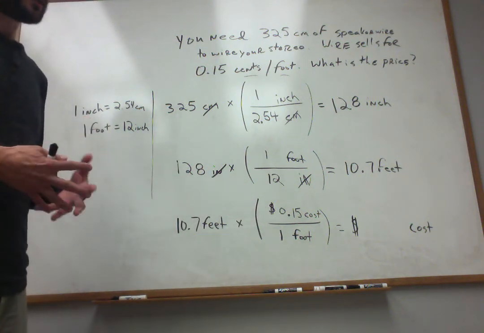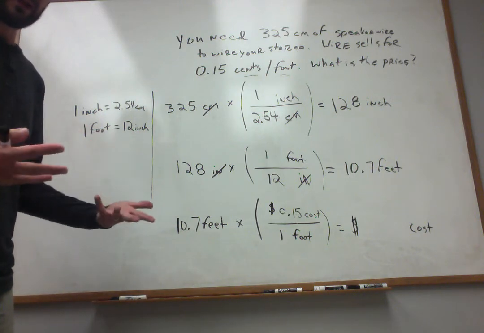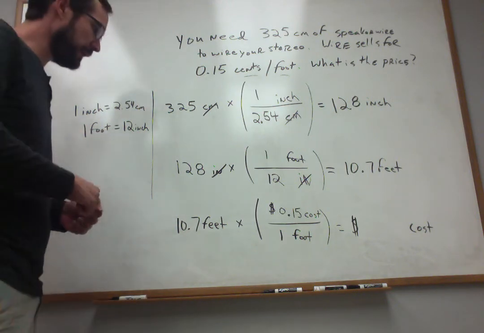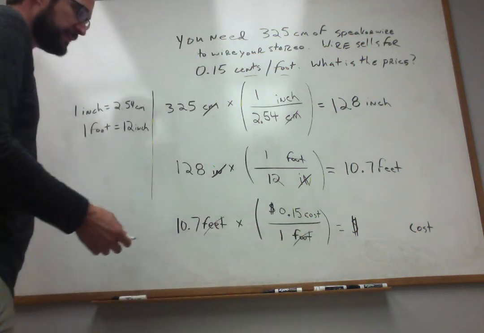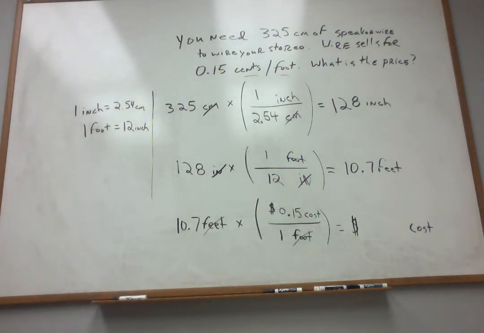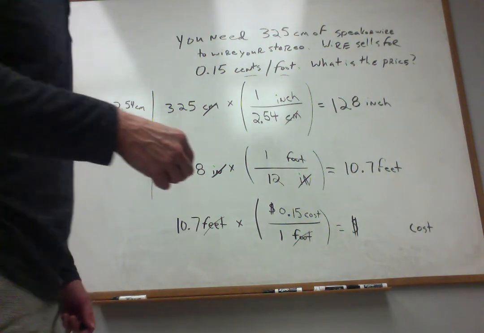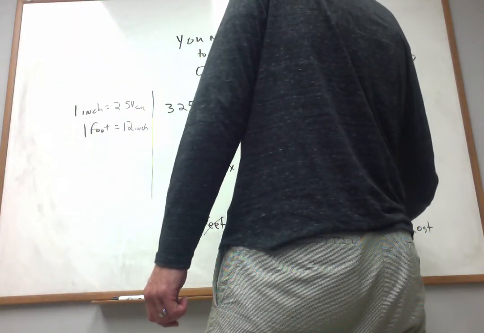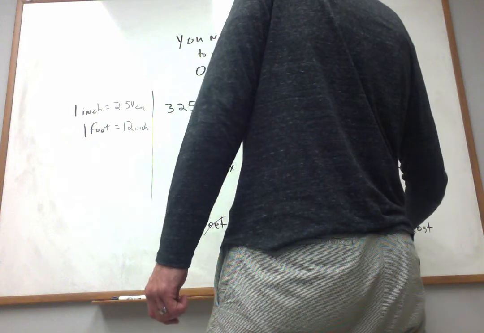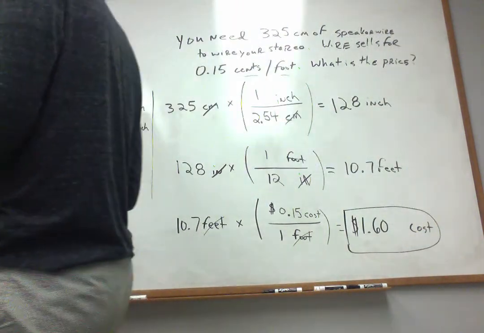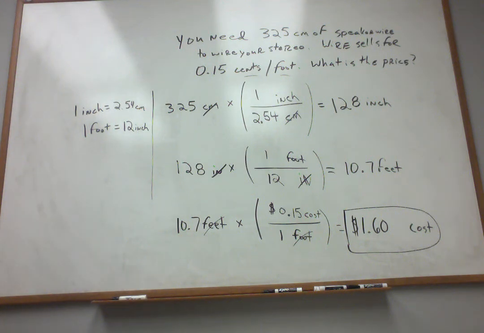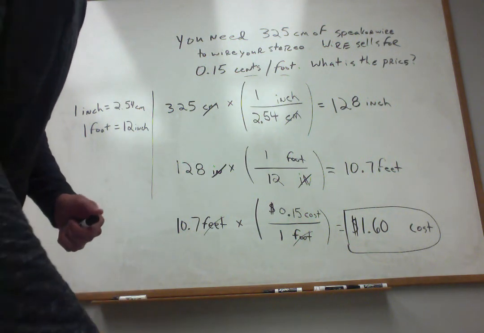So in our economic transaction, those things are kind of equal, okay, or equivalent quantities. So the foot unit cancels, and we just do the multiplication, and we're at our cost, okay? And if we do that, we'll find that it'll cost us only $1.60. That's what we're going to have to pay at the hardware store to bring home this wire, okay? Sample problem 1.